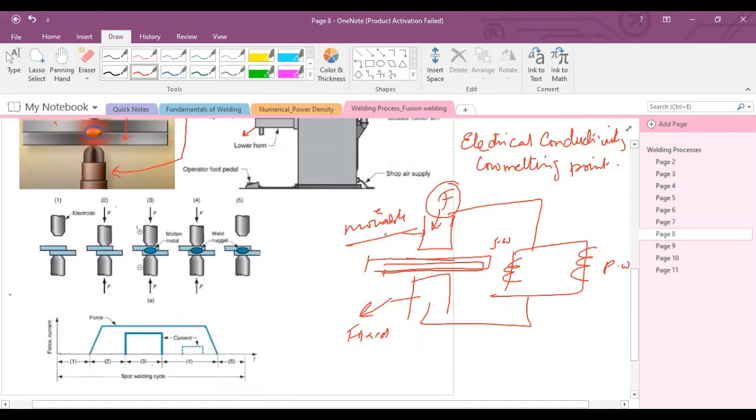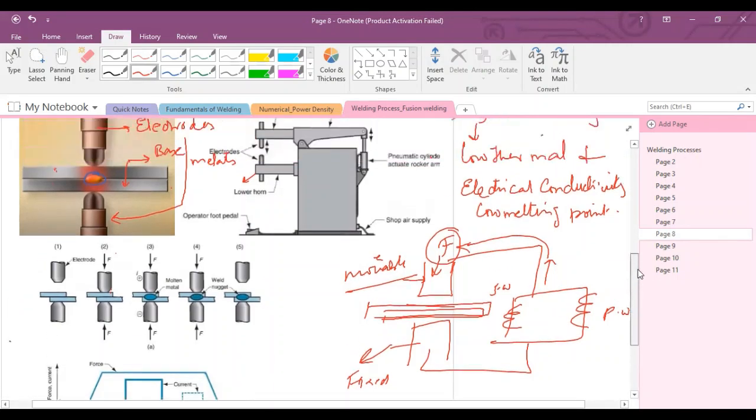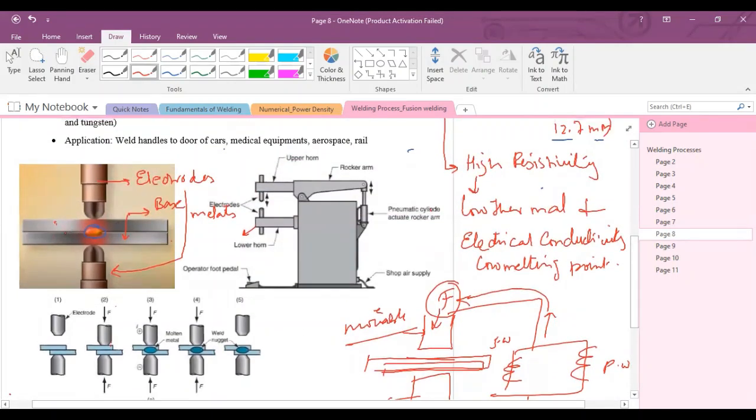When the movable electrode comes in contact with the base metal, the current will flow from the transformer and move towards the movable electrode. From the movable electrode, it enters into the base metal, and at the junction of the base metal, when the current enters, it will create electrical resistance.